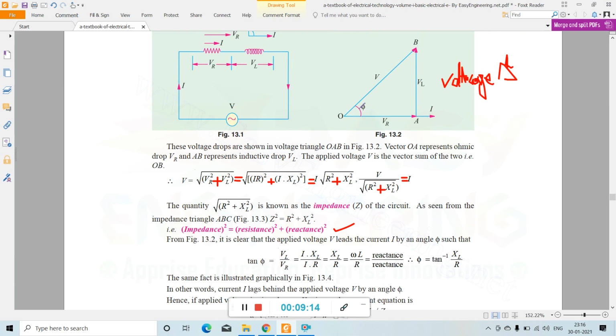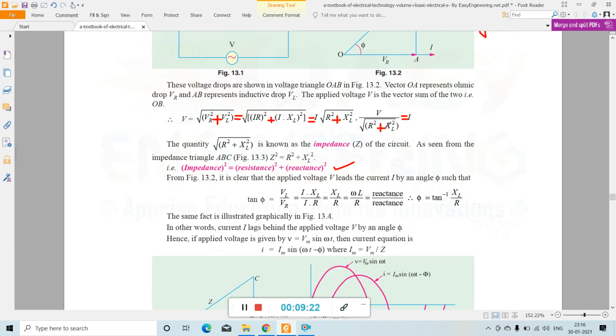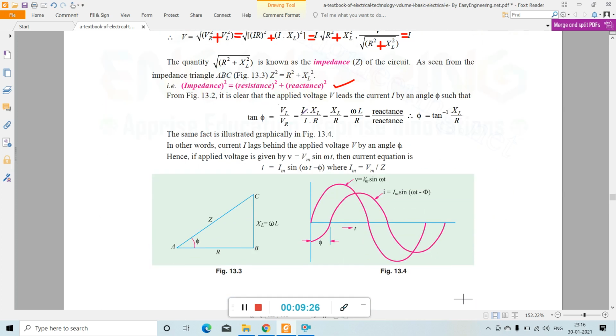So what is tan phi? This is the P by B formula from the trigonometry you already studied in school. So tan phi is equal to VL by VR, P by B. So it is written here VL by VR. We can write VL as I into XL, and VR is equal to I into R. So I cancels out, then XL by R, that is equal to omega L by R. Omega L means inductive reactance, and R means resistance.